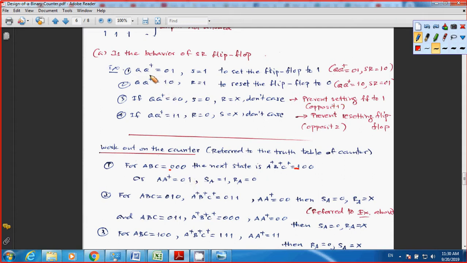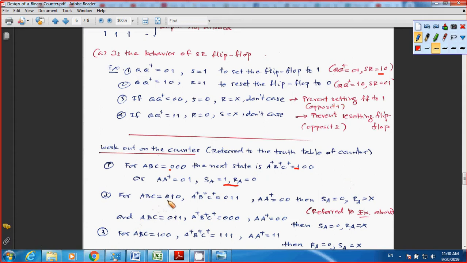So you refer to our flip-flop table. This means Q Q plus is 0, 1, so you pick up this. SR state is going to be 1, 0 here. And that's why you have 1, 0 for SA, RA. This one I worked out only for SR flip-flop A. And you can work out the rest for B flip-flop and C flip-flop.